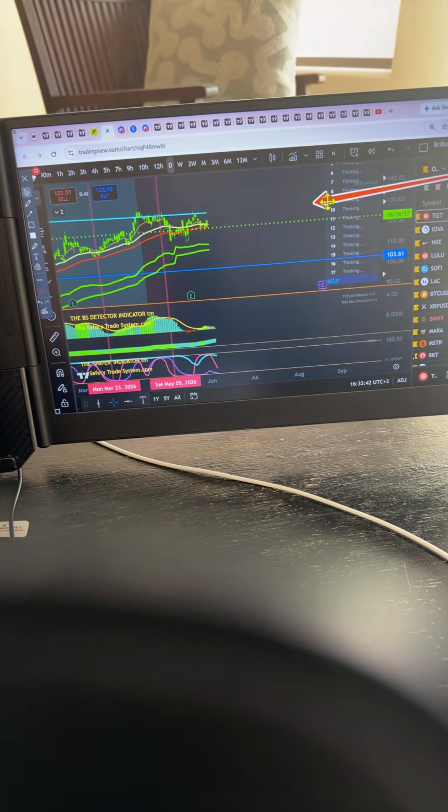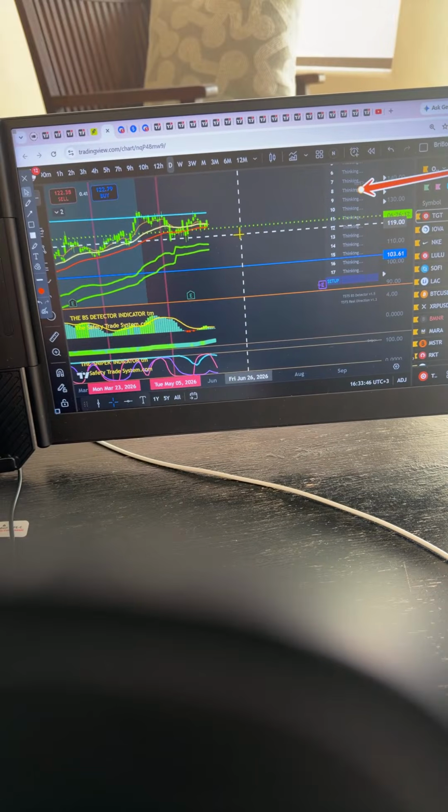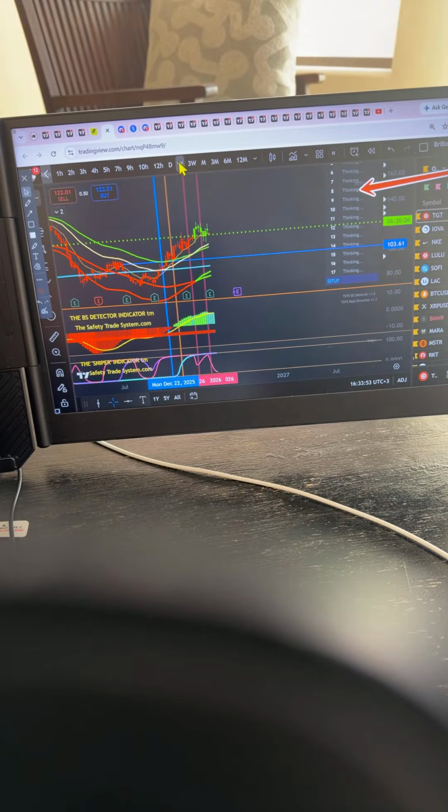All right, so with Target, you can wait to get these options. They're going to dip. It's going to go down. Yeah, I don't think it's going to go below 118, but whatever. 115, 118 sell.